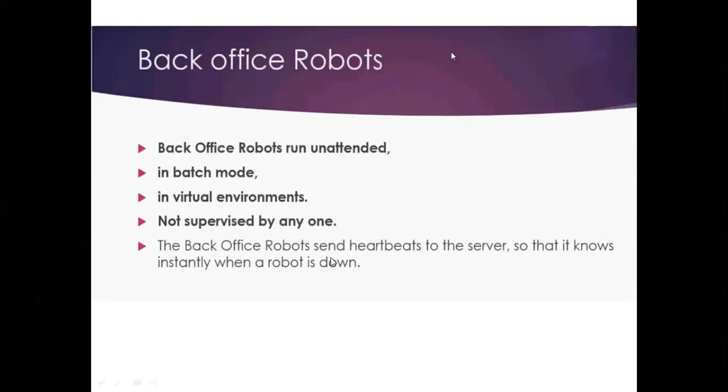The back office robots send heartbeats to the server so that it knows instantly when a robot is down. Whenever we implement one, we call it a bot, not a robot, in RPA applications. So what is the basic definition of a bot? A bot is nothing but a script or task or process that is executed automatically without any human interaction.